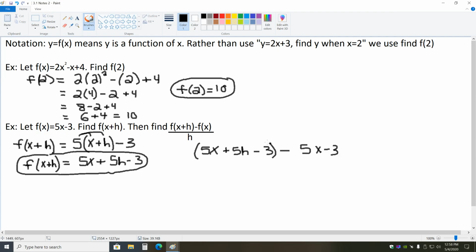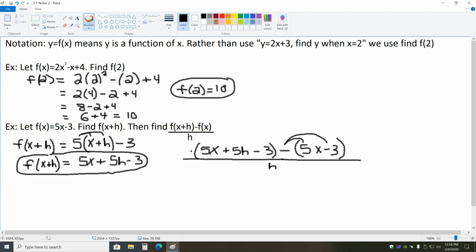but remember we're subtracting the entire f of x, so we have to put parentheses around these entire terms, and this is all divided by h. So we have to start simplifying. We're going to get rid of these parentheses by distributing that negative.